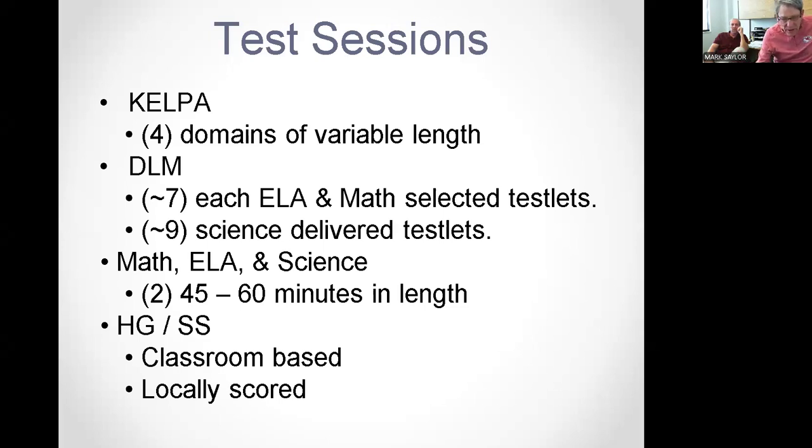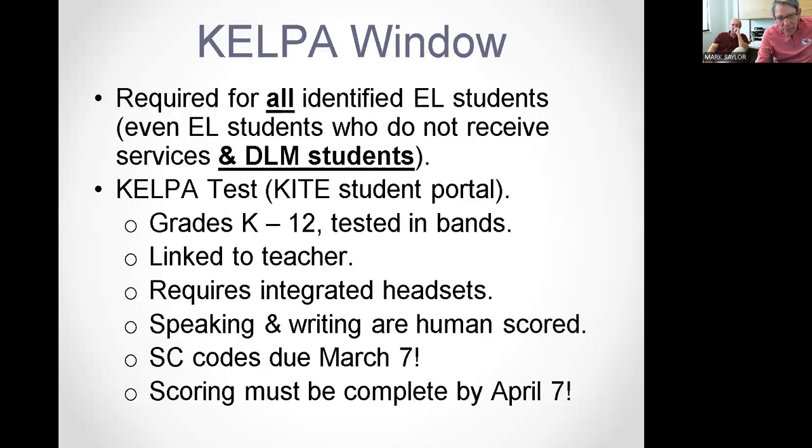History, government, social studies is classroom-based and locally scored. CALPA is required for all identified EL students, even if they are not receiving services, and for identified DLM students who have been identified as EL.